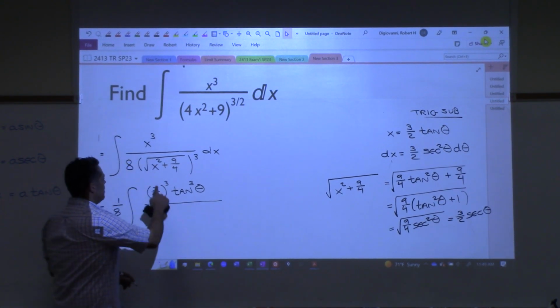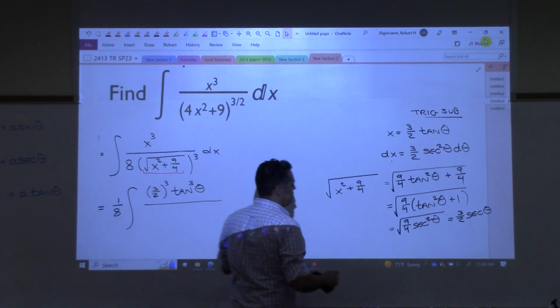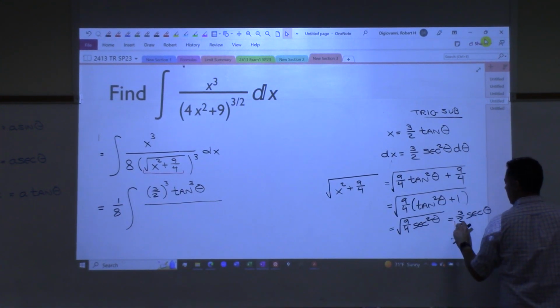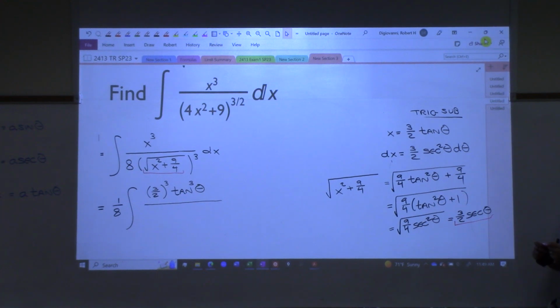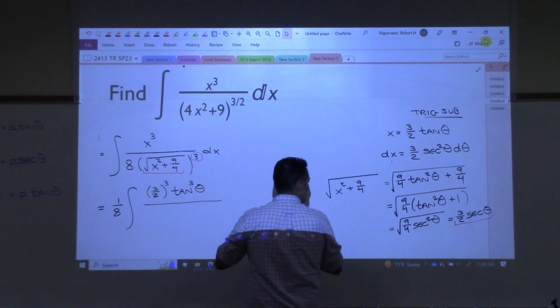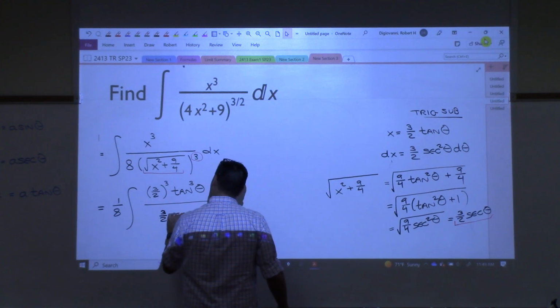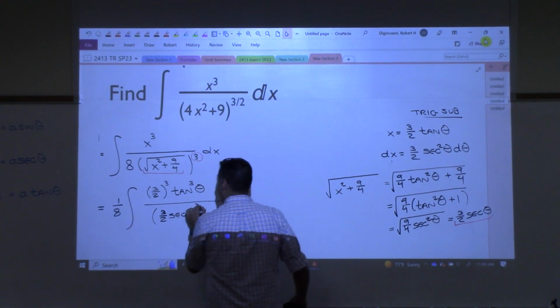over, okay, the square root, be real careful here. The square root here is this piece right there. But we have to cube it, don't we? Do not forget that. So I'm going to actually write that down. I'm going to take the 3/2 secant theta, but I still have to cube the whole thing.